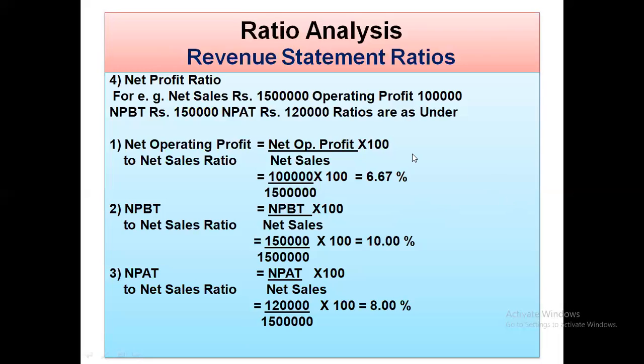For understanding purposes, if we consider net sales are 15 lakhs, operating profit is rupees 1 lakh, net profit before tax is 1,50,000, and net profit after tax is rupees 1,20,000, then the three profit ratios can be determined as under.